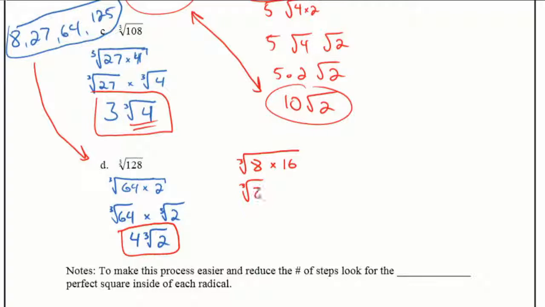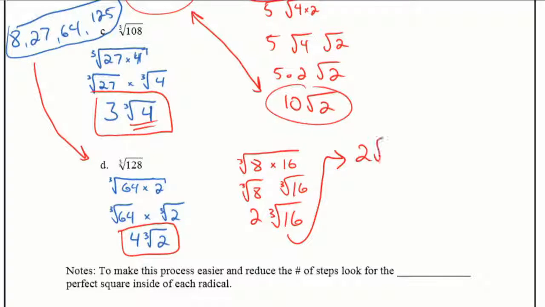You've taken the cube root of 8, cube root of 16, and you would have said, oh, the cube root of 8 is 2, and then you would have ended up with the cube root of 16. And then you would have said, oh no, I got to what I thought was the end, but there's a perfect cube that goes into 16. What perfect cube goes into 16?